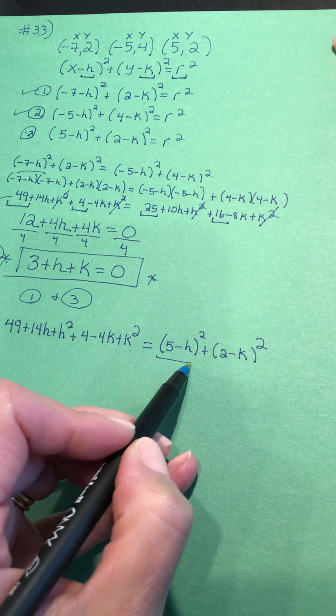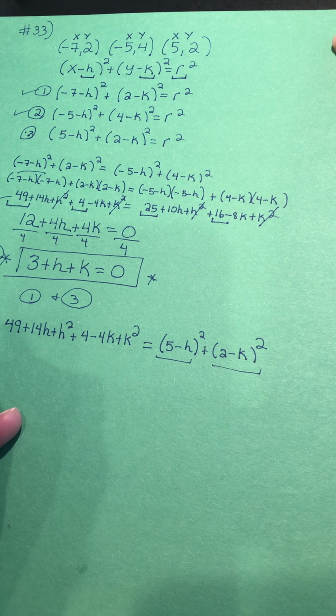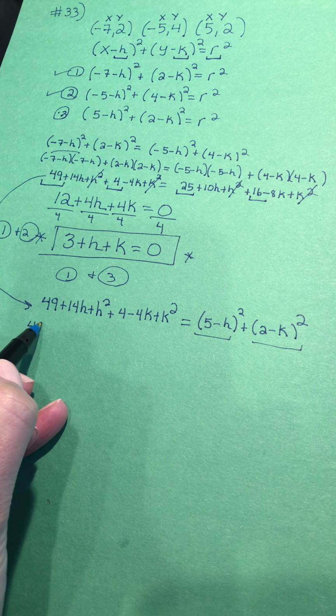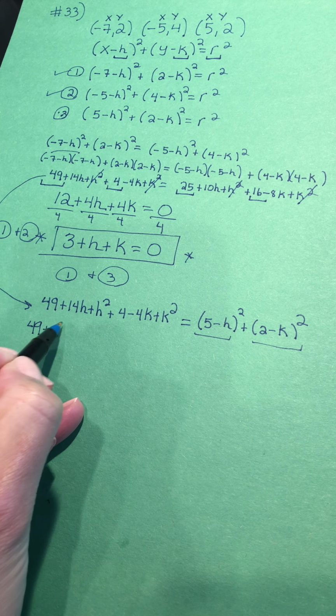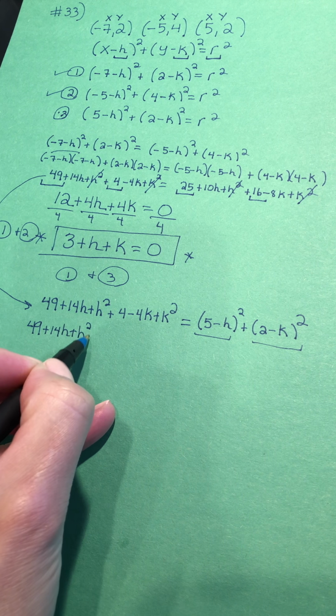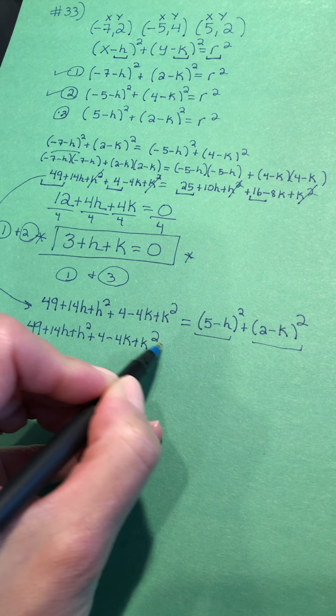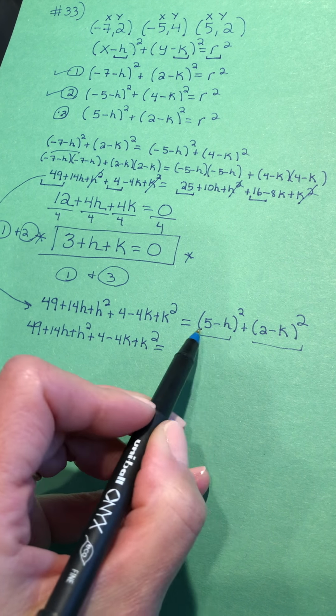So we're gonna multiply this out. Let me recopy and show all my work and double check as you go along that I'm not making a mistake, okay? So I have 49 plus 14h plus h squared plus 4 minus 4k plus k squared, okay? Now in theory, you're gonna write these binomials out.